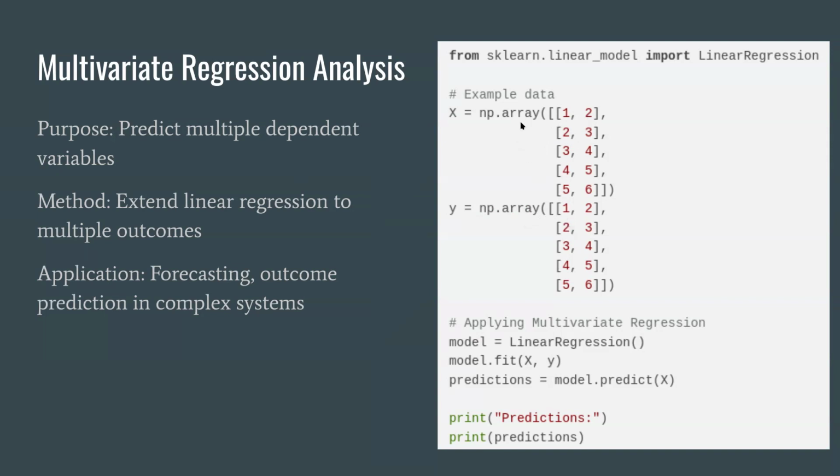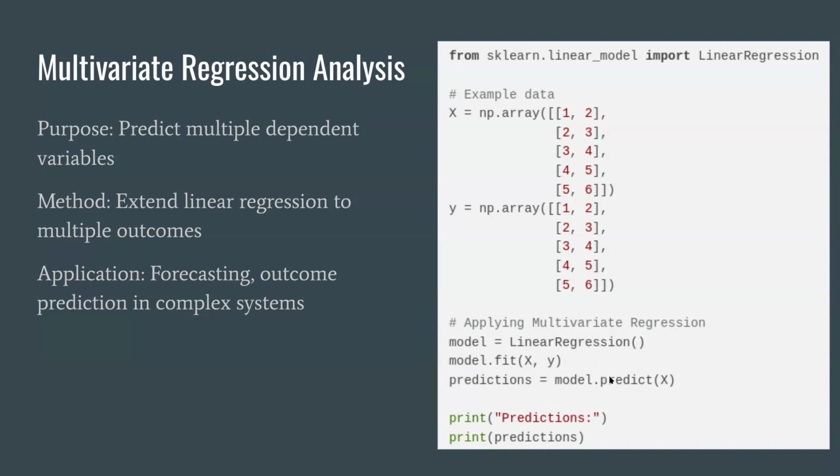And then once we have X and Y, we can initialize the linear regression class and fit the model to our data. And the model learns the relationships between the independent and dependent variables.